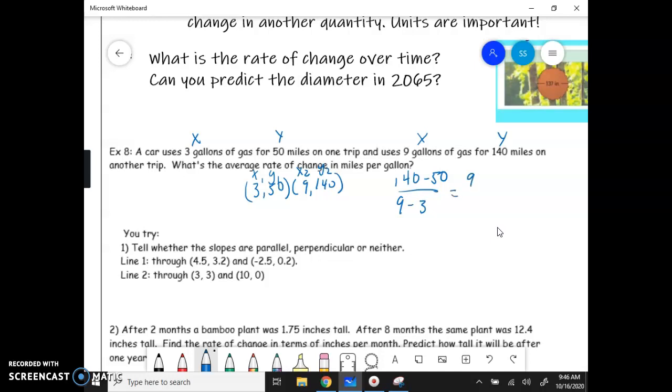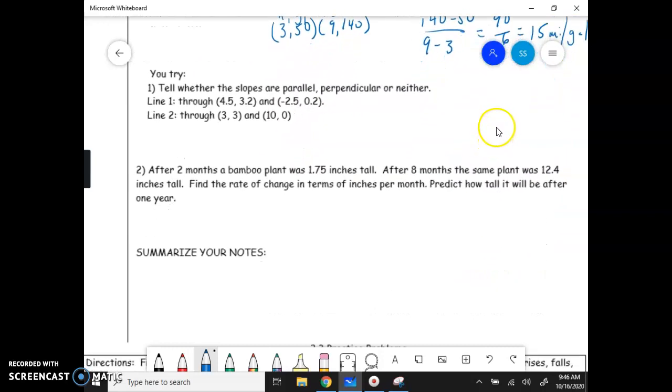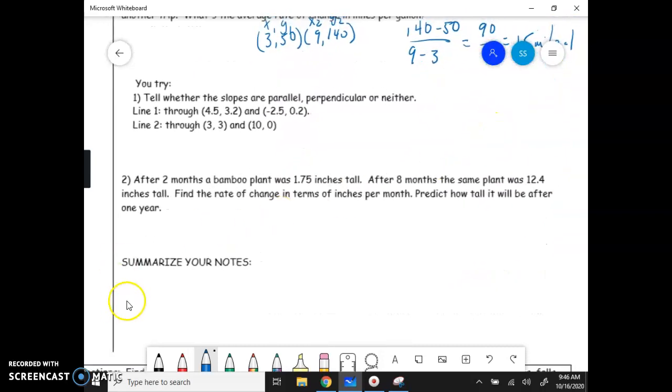Go ahead and solve that. We get 90 over 6, and we divide that. We get 15, and this is miles per gallon. All right, why don't you guys give these two a shot, pause the video, and then I'll go through them in a moment.